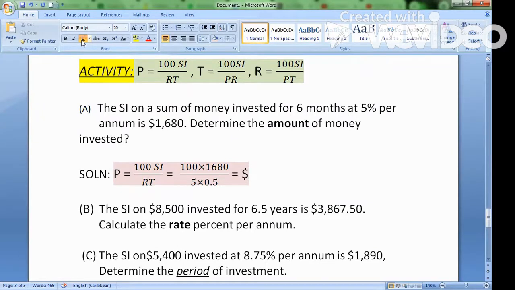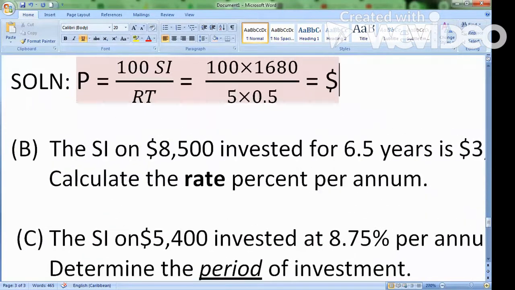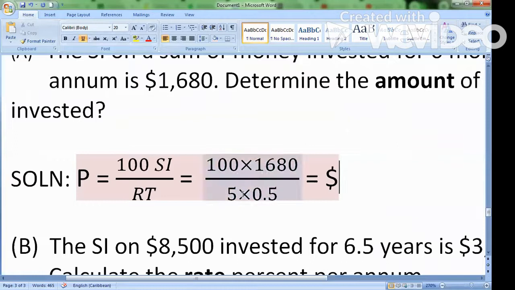You divide that by 5 times 0.5. It's 6 months, so you convert 6 months to years.